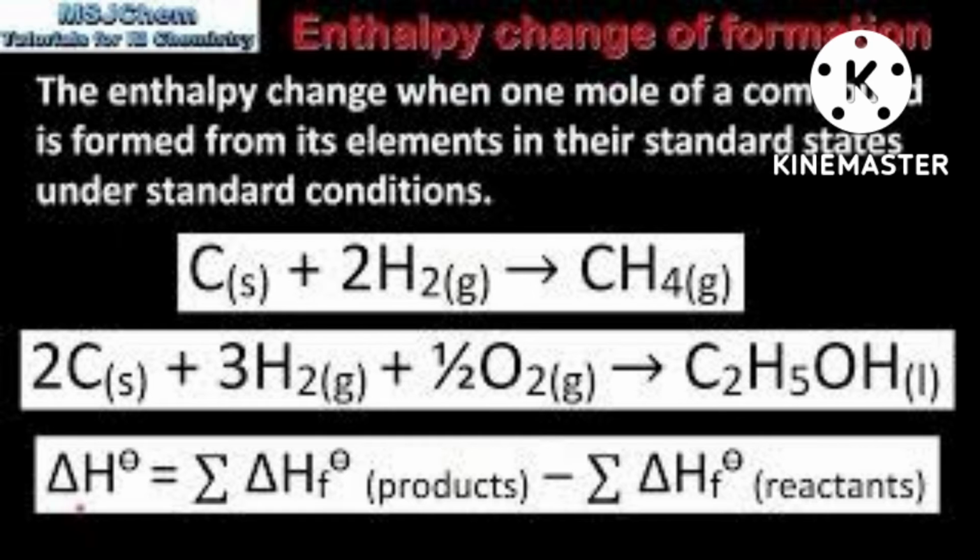Again the value is negative, so it is an exothermic reaction. Heat will come out, heat will evolve, or it will release heat. You have to write this value near the equation. This is the heat of formation, delta F, minus 74.81 kilojoule per mole.